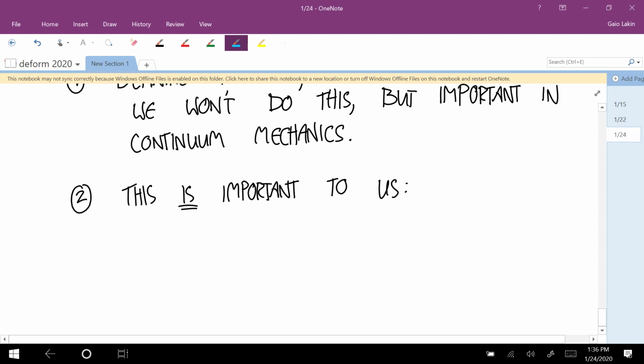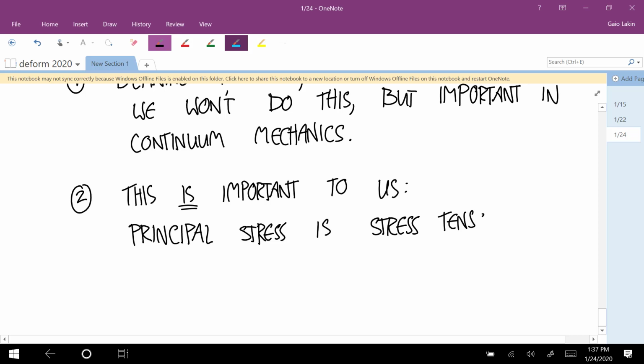We are going to, so the principal stress is the stress tensor expressed in a coordinate system where there are no shear stresses.